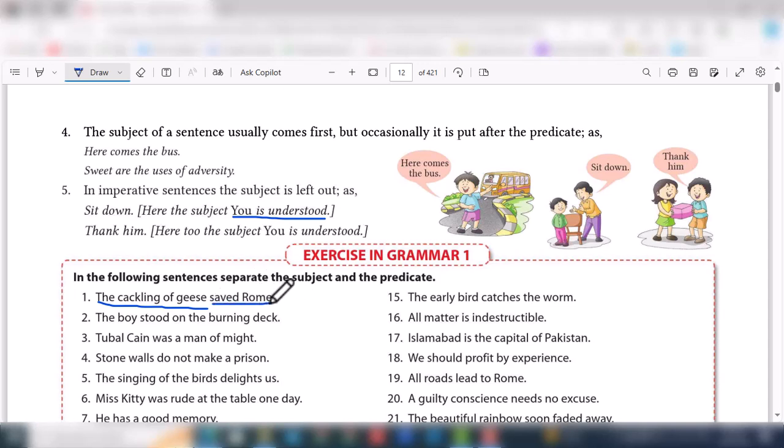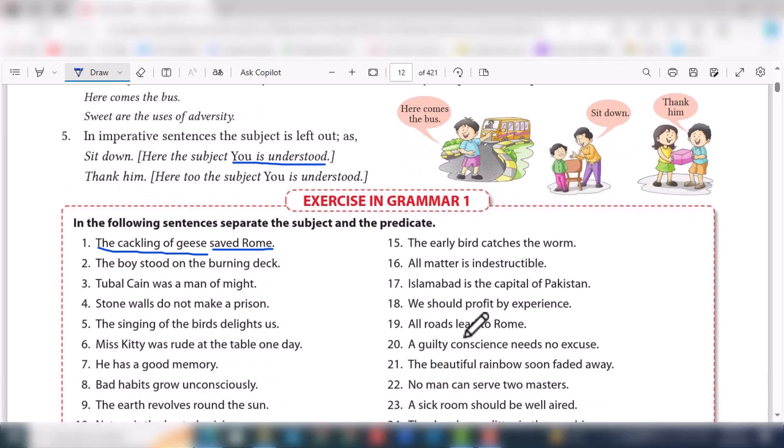With the start of the helping verb, we can say that is the predicate. So the predicate starts with a helping verb or with a verb. For example, in the second sentence, the boy stood on the burning deck: the boy is the subject and stood on the burning deck is the predicate.